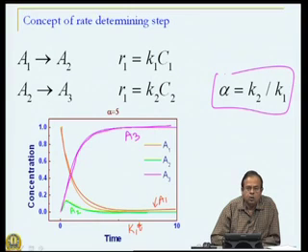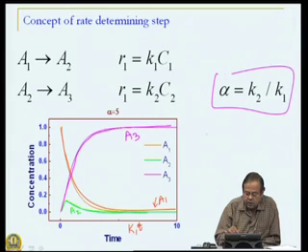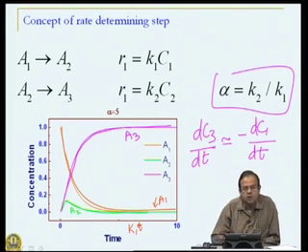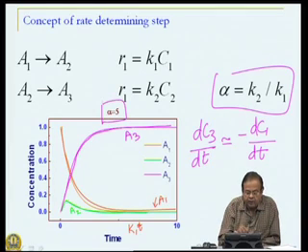I think I need not repeat myself, but write this straight away: in this case we see that dC3/dt is almost the same in magnitude as dC1/dt, but with a negative sign. So, this time the rate of formation of C3 is the same as the rate of consumption of A1 or C1, when alpha is 5.